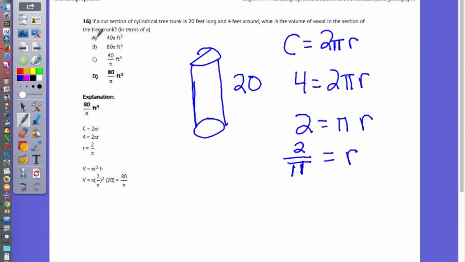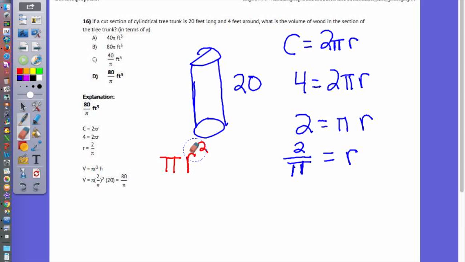Now I'm going to find the volume of this tree trunk. In order to find the volume, I find the area of the base times the height. To find the area of the base, the formula is pi r squared. What do I have for radius?